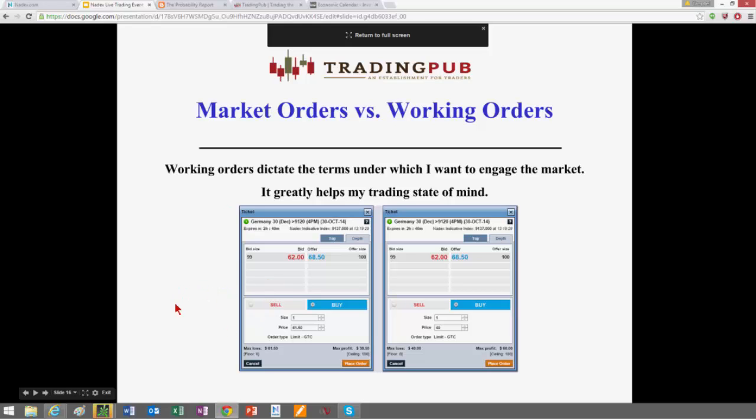Okay, placing an order on the Nadex exchange, this is what your order ticket looks like, and it basically shows you the market that you're dealing with, the time left until expiration of that particular contract, and what the underlying index is telling you, what the value of the market is. You have your bid and your offer spread, and then you indicate whether you want to buy or sell that proposition, how many contracts you're going to be trading, and the price.